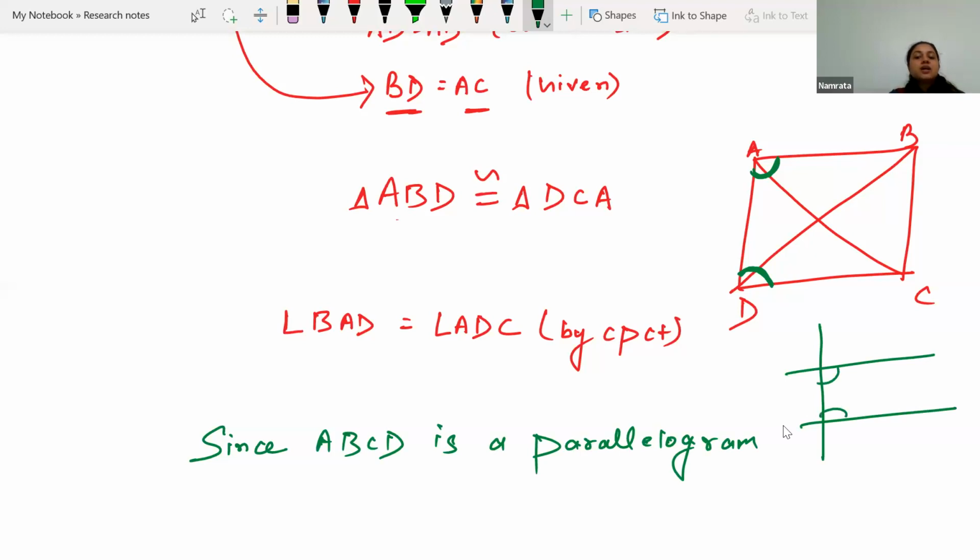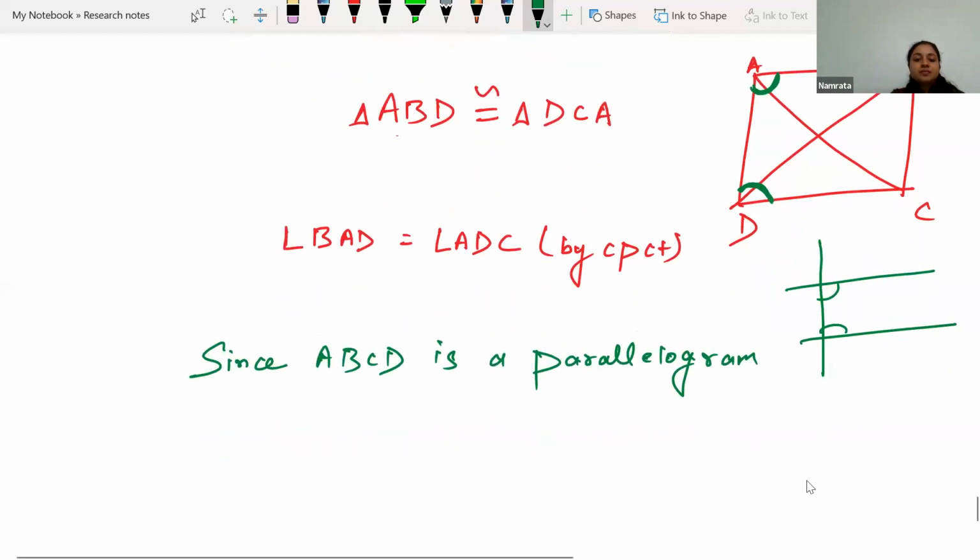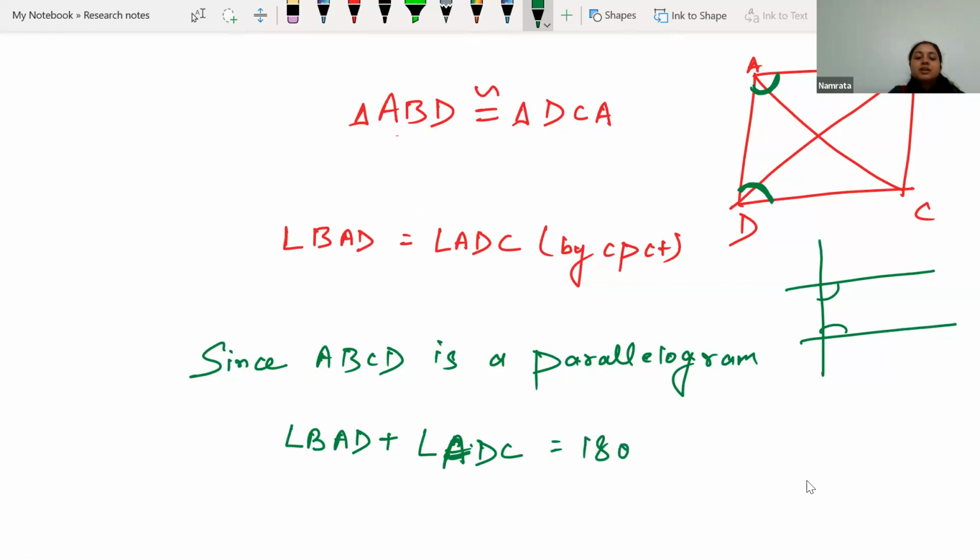We have already discussed this when discussing the properties of a parallelogram. So we can write angle BAD plus angle ADC, this sum will be 180, by the property of parallelogram.